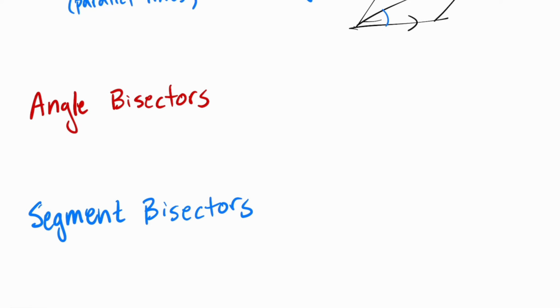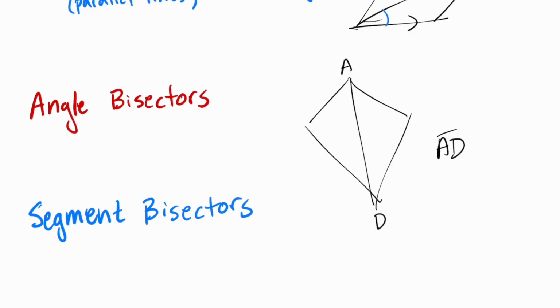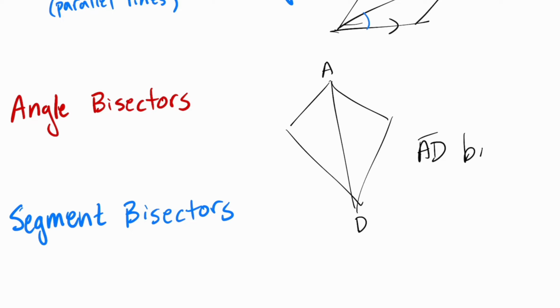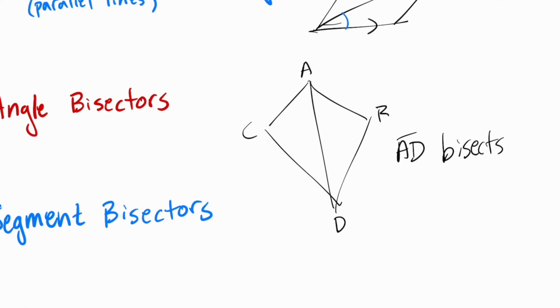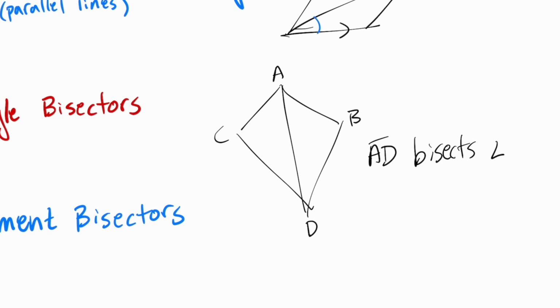Angle bisectors. So if the problem tells you, say you have something like this, let's say it says AD bisects, let's give these some letters, let's say it bisects angle CAB. Well, to bisect something means to cut it in half.